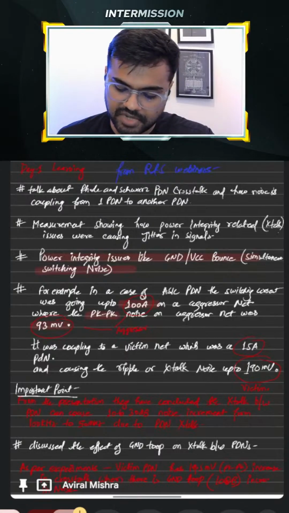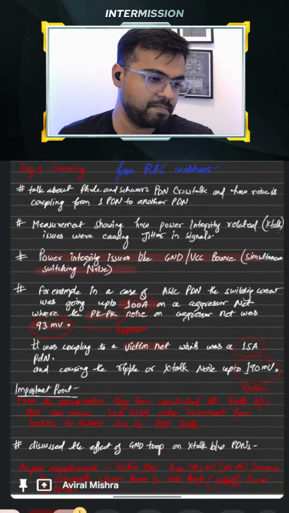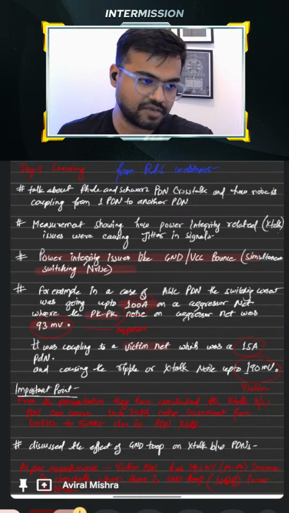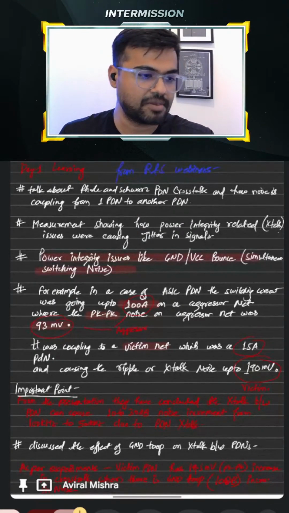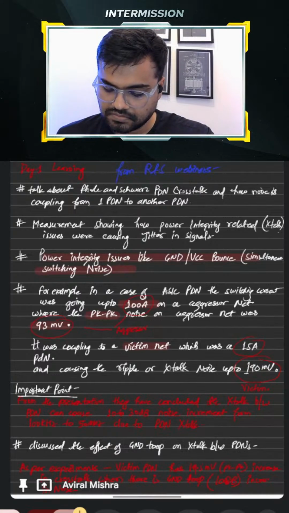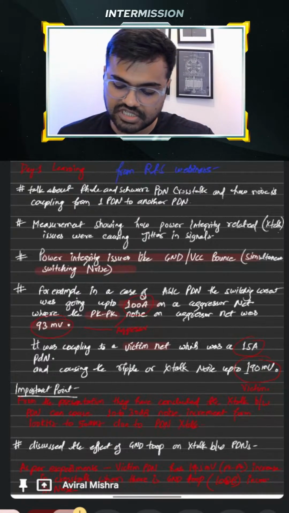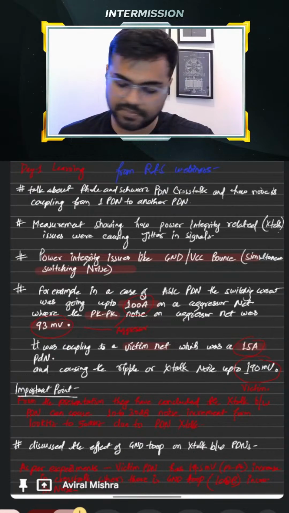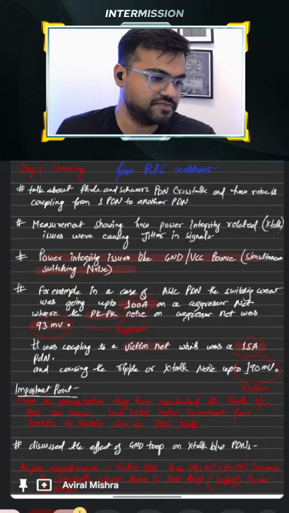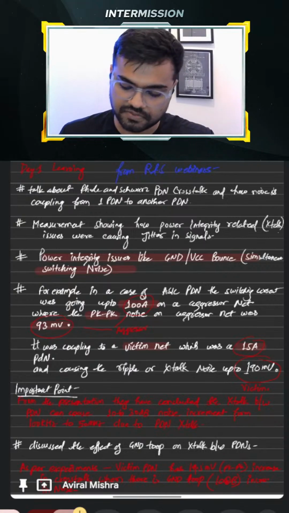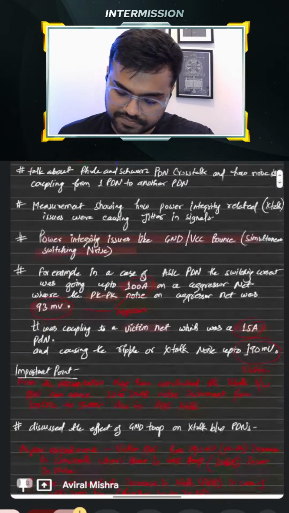And there was another victim net. Here a victim net means victim PDN network, all right? So there was another nearby power plane that was at just 15 amps. So you can compare, it was pretty much silent, at just 15 amps compared to 100 amps of the other PDN network.